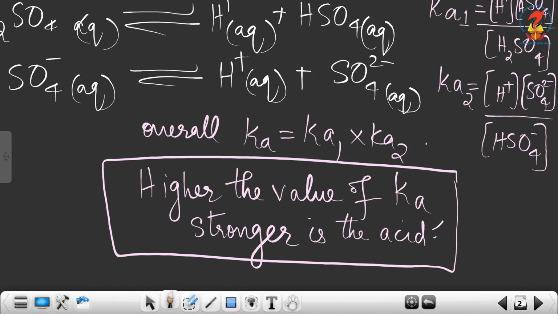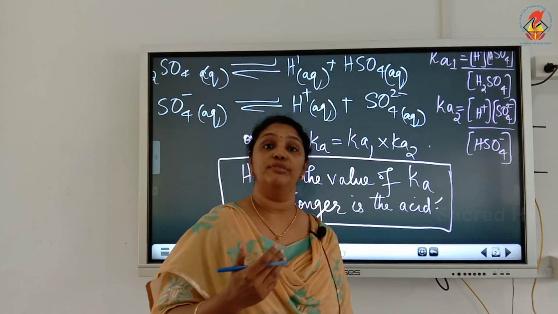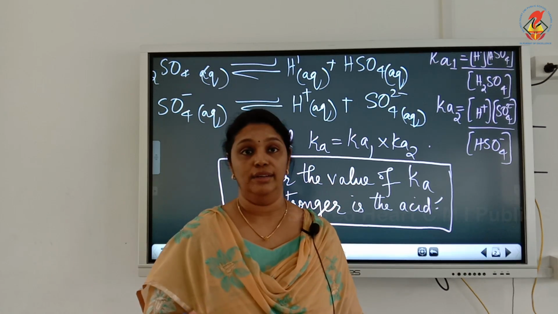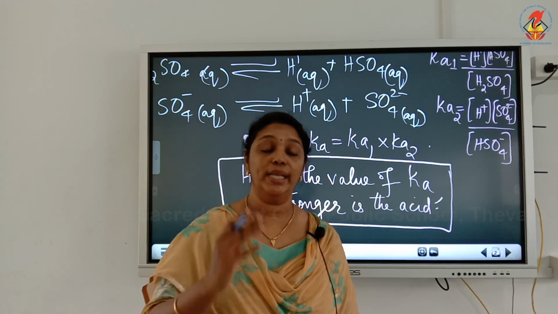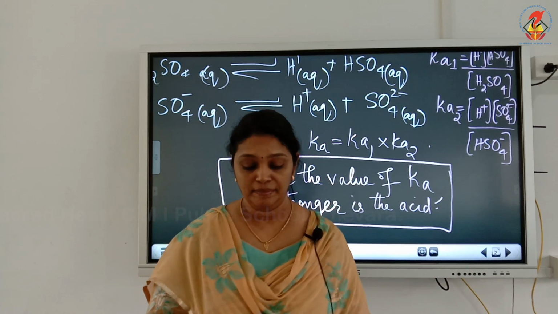This is a very important point to be noted. So when different Ka values of different acids are given, and if you are asked to arrange them in increasing order of their acid strength, we have to check. The one with the higher Ka value will be the strongest acid.